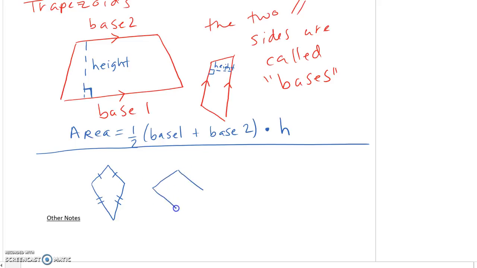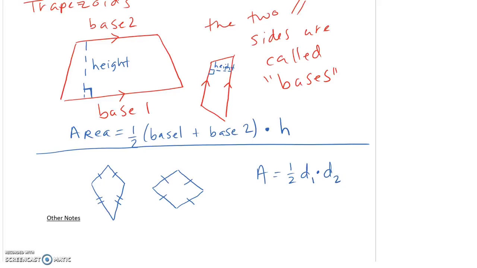A rhombus is a special type of kite in which all four sides are the same instead of two being longer. For both of these, the area is 1/2 d1 times d2. So what do I mean by d1 and d2?